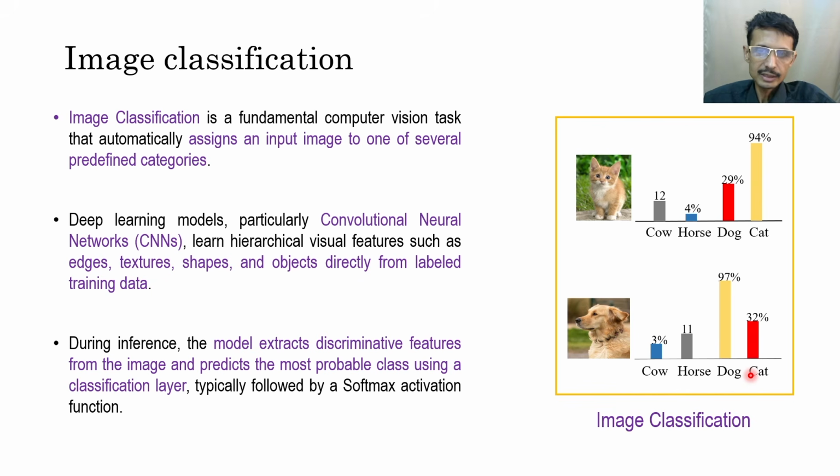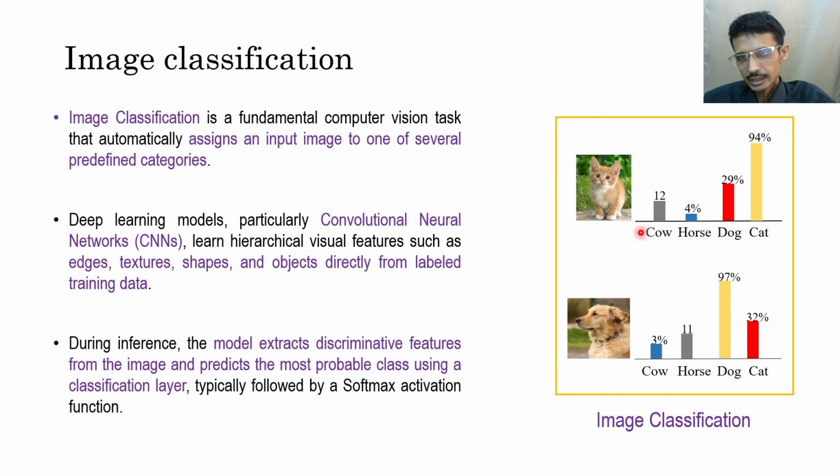We'll start our discussion with image classification. As we have understood, image classification is a fundamental computer vision task that automatically assigns an input image to one of several predefined categories. For example, here you can see there is a cat image.